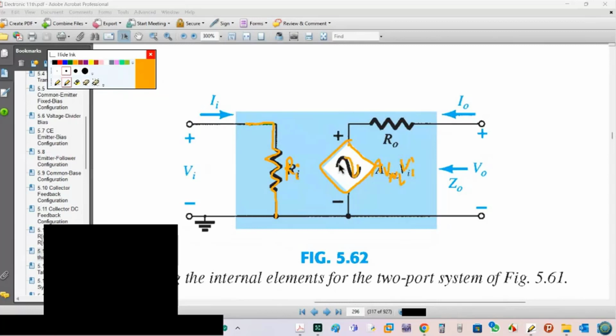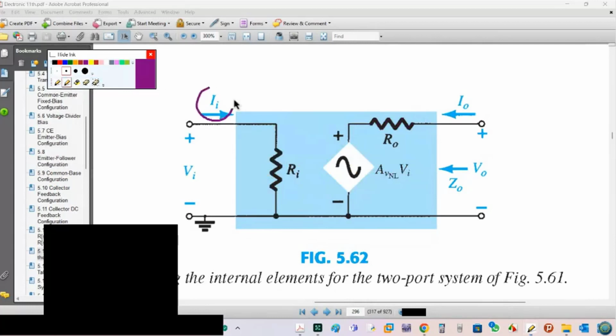As you know, this is dependent, this is independent. Then we have RO in series. So in this model, we have RI at input, RO at output, and here AV no load multiply VI. So this is a dependent voltage source.